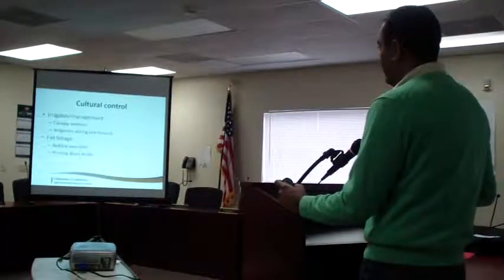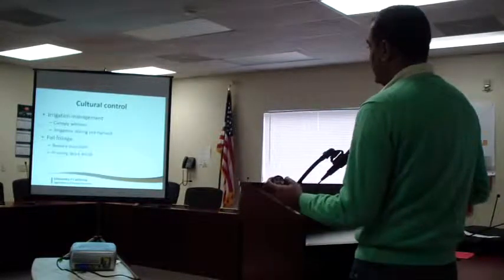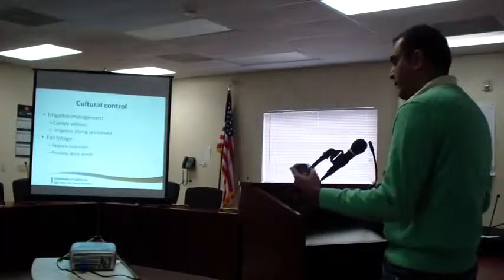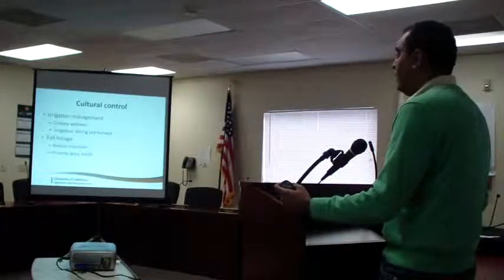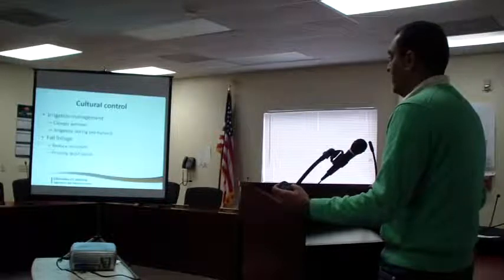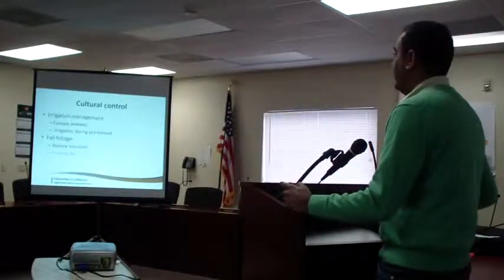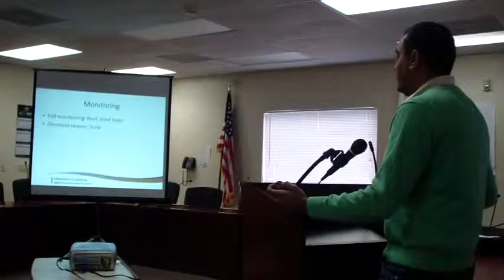And then fall foliage, like I discussed in the case of rust and shot hole, we can reduce the inoculum by hastening the leaf fall during the fall. We can also reduce navel orangeworm by pruning the dead wood and removing the debris. Then monitoring is very important during the fall.